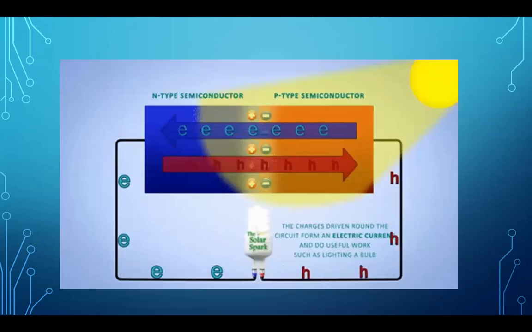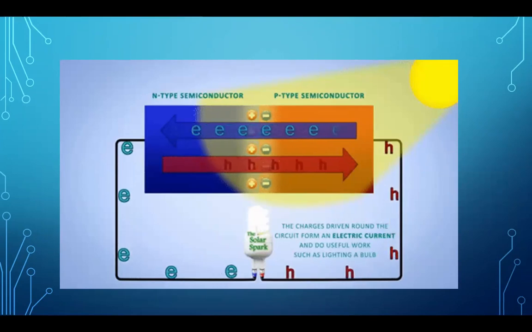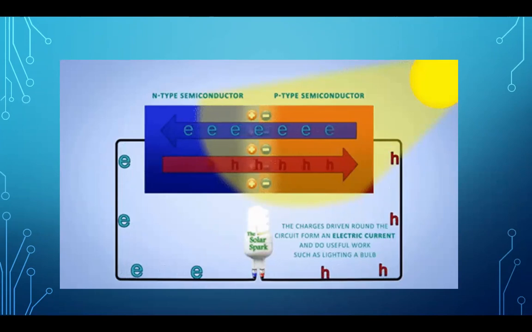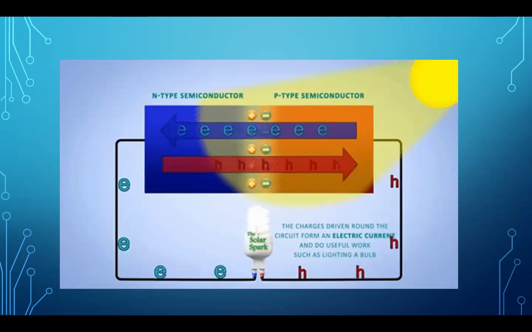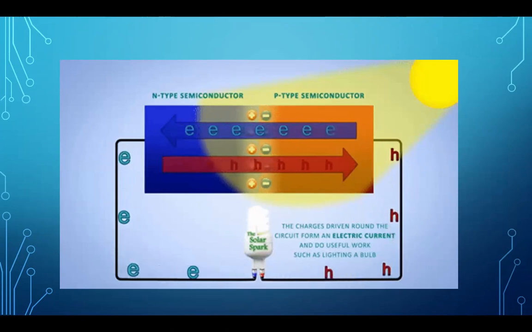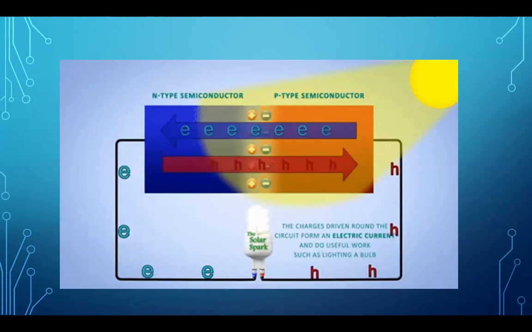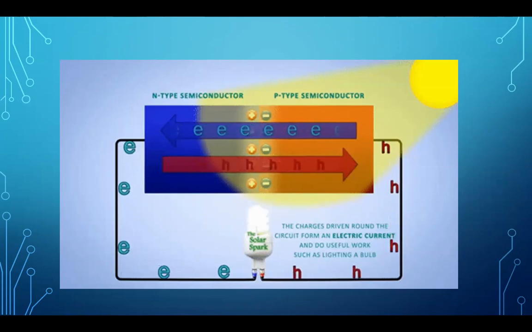So what happens now, when this semiconductor absorbs the light, the electron hole pairs will be generated, and because of this voltage, the electrons are going to move to the positive side, which is the N type, and the holes will move to the P type side.